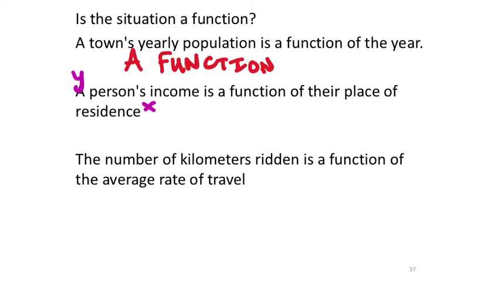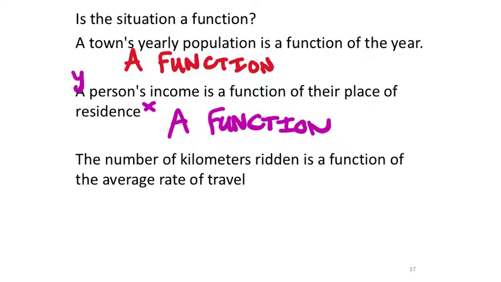I guess not if you just looked at one specific time, okay? Because this one, I would say, is also a function. Now, you may say, well, there may be more than 2 people that live there that have different incomes. That's true, but we're looking at one individual person's, not persons'.